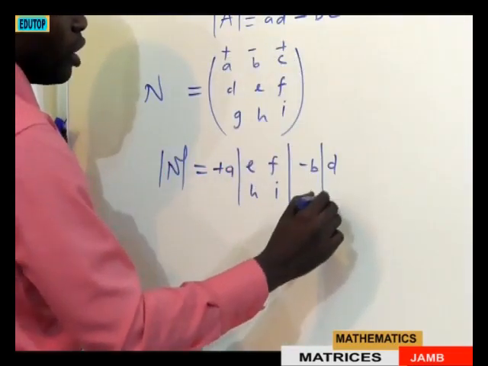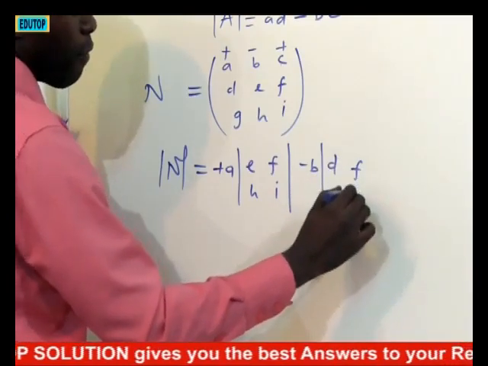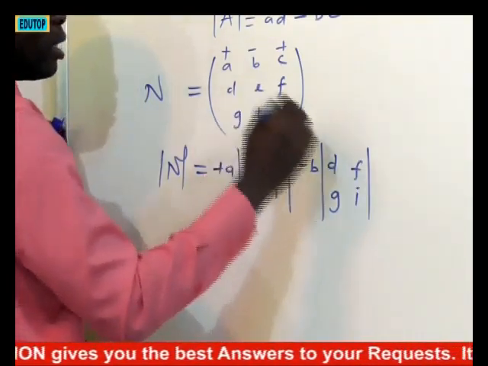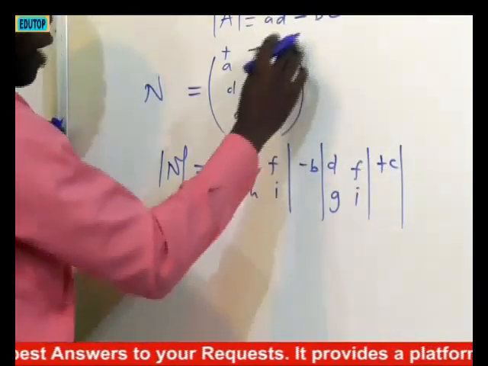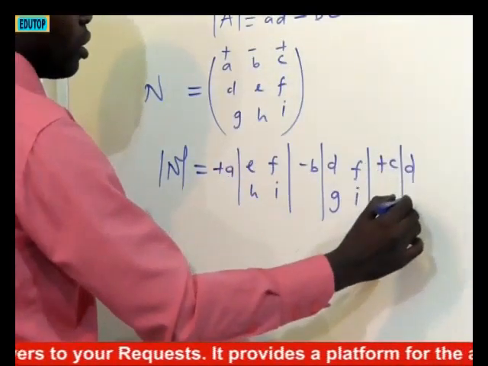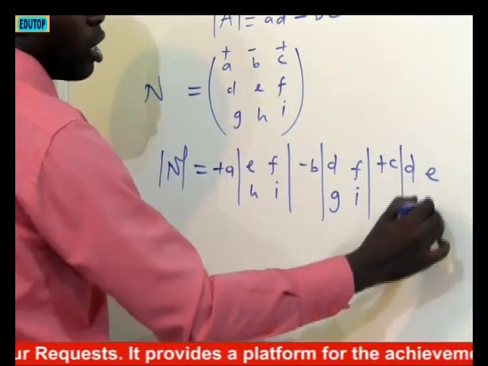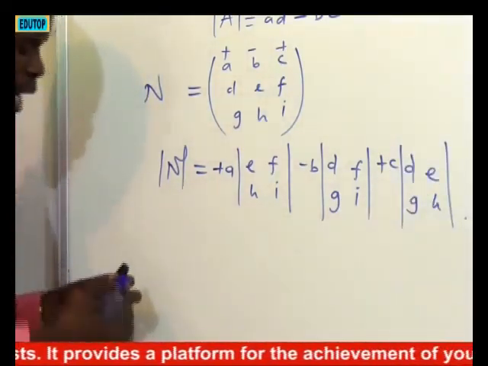We have D, G, F, I. Then the next one, plus C. We close this place and we close this place. We have D, G, E, H. That's what we're going to have.